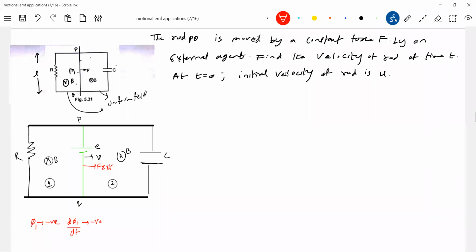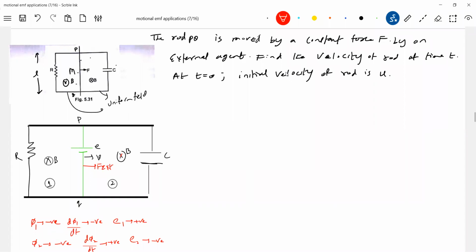Negative flux, d phi by dt negative, so EMF induced will be positive. Come to the second loop. B bar is into the plane, so flux is negative, and the area of cross section of the loop is decreasing. So d phi 2 by dt will be positive, since negative flux decreases. E2 should be negative.